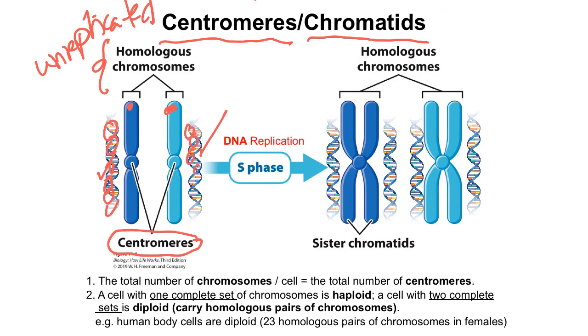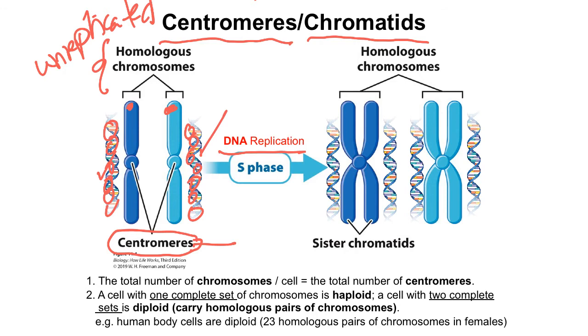Okay. Now during S phase, each one of this DNA in each of the homologous chromosomes gets replicated, and that of course includes the DNA in the centromere. This is because the centromeres are not just made up of proteins; they also contain special sequences of DNA that the proteins bind to in order to make the centromeres.